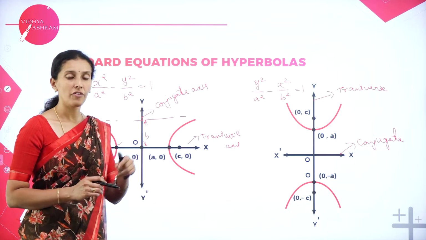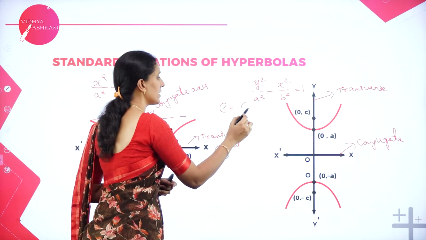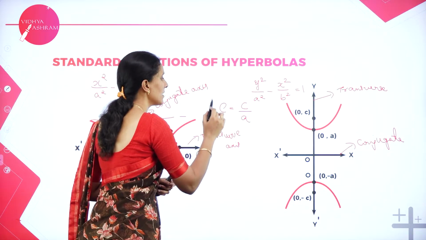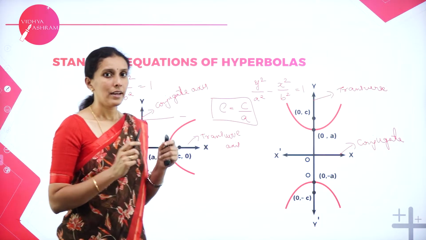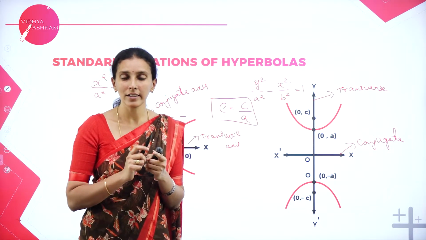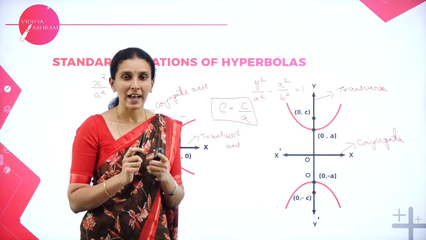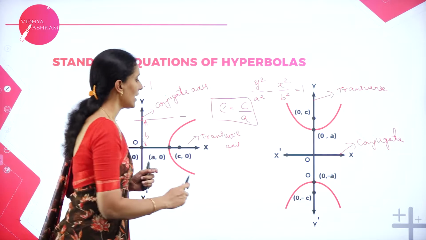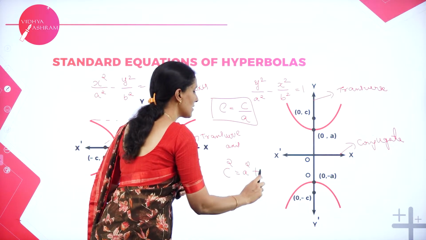As in the case of ellipse, the value of eccentricity is equal to c by a and this is same for both types of hyperbola. The relation between the transverse axis, conjugate axis and the distance of the foci, that is semi-transverse, semi-conjugate axis and distance of a focus, is given by c square is equal to a square plus b square.